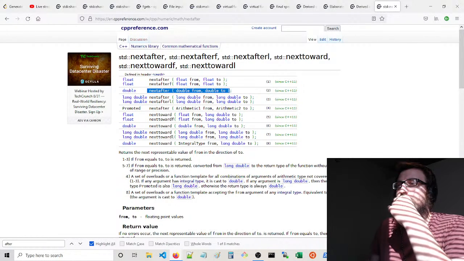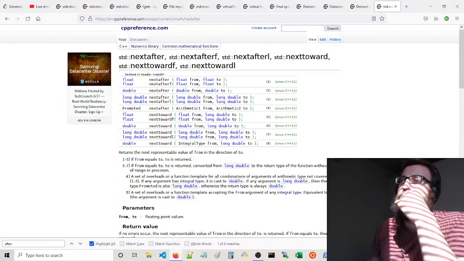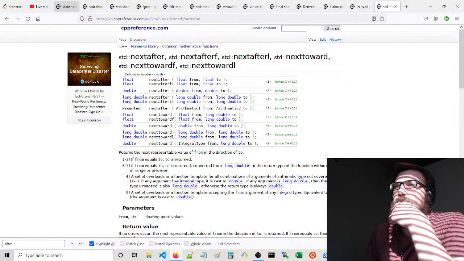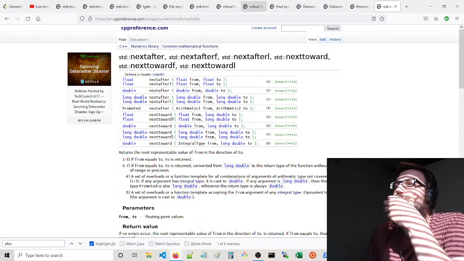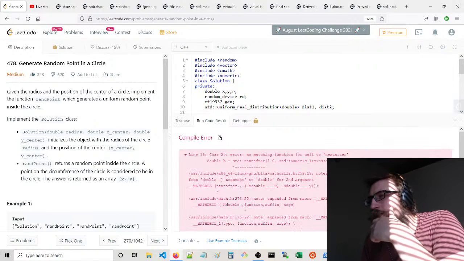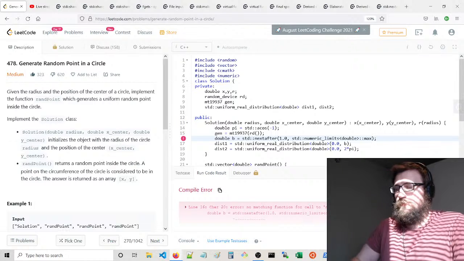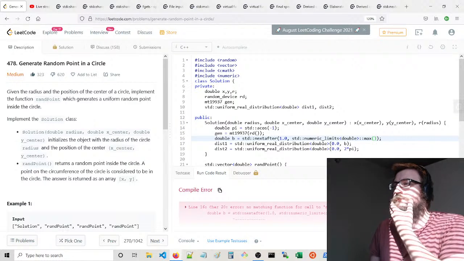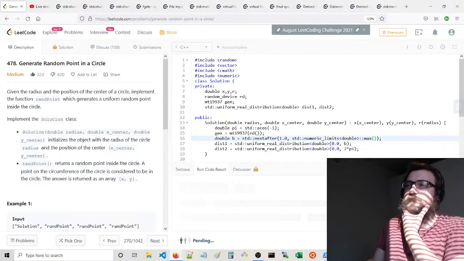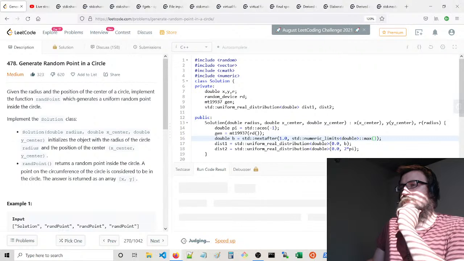No, it's next after. Double, double. There it is. Oh. This is actually a function. So I actually have to call the function to get the max.